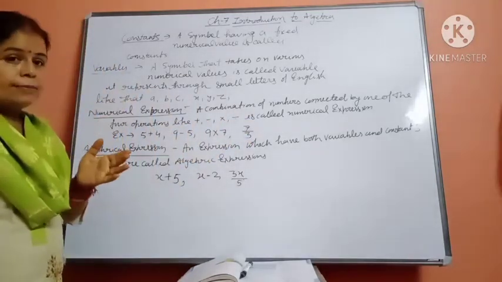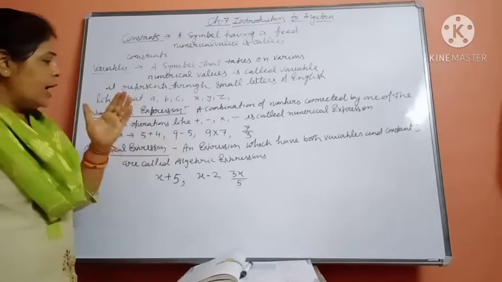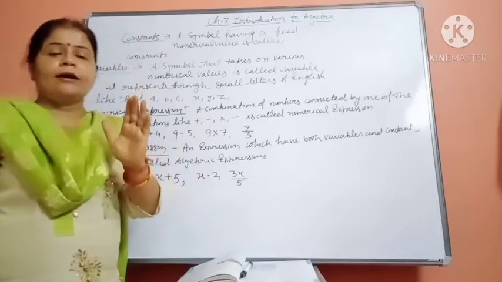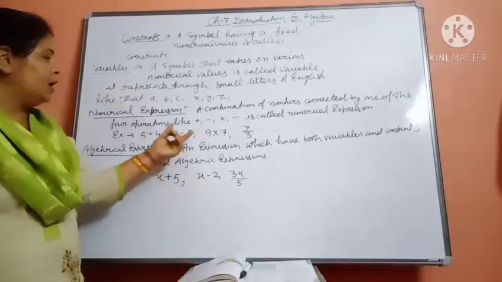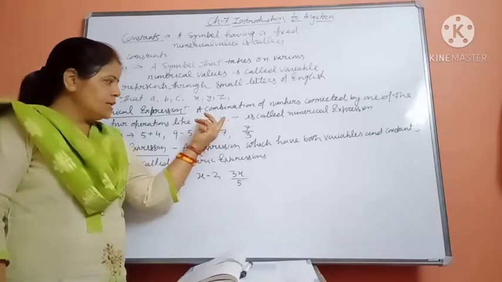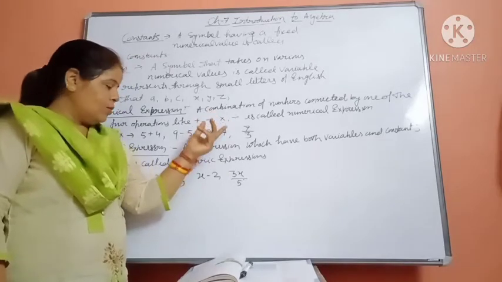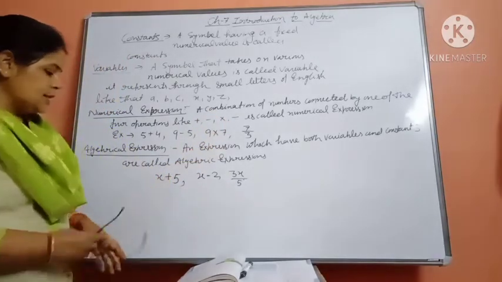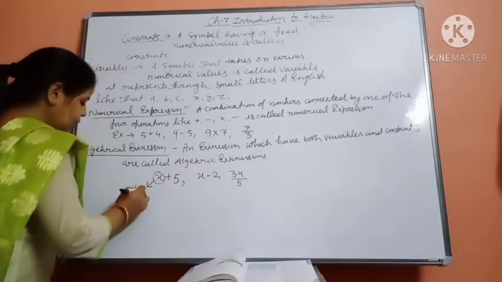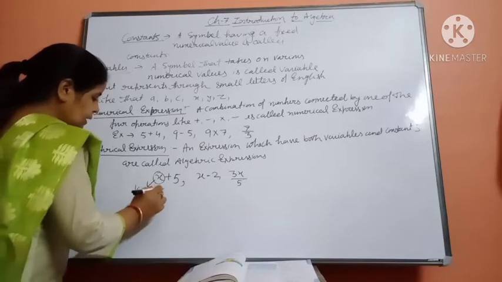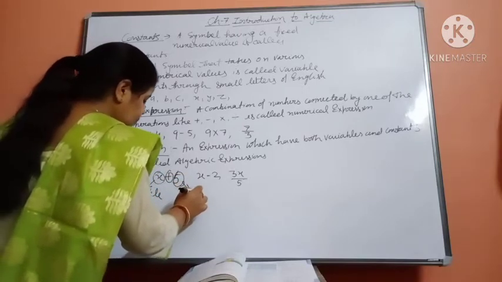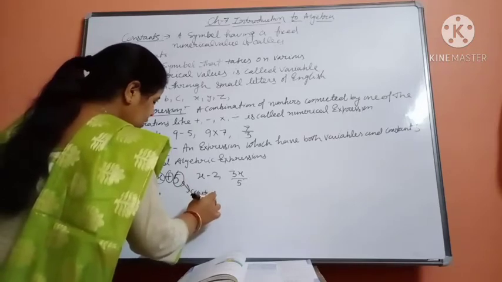And what are algebraic expressions? An expression in which both variables and constants are connected by the 4 fundamental operations of arithmetic, means the signs again will be the same. You can see that this is a variable, these are signs, and this one is a constant. A fixed value is known as the constant.